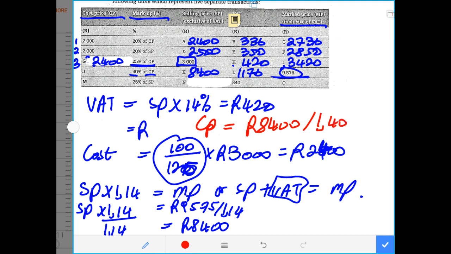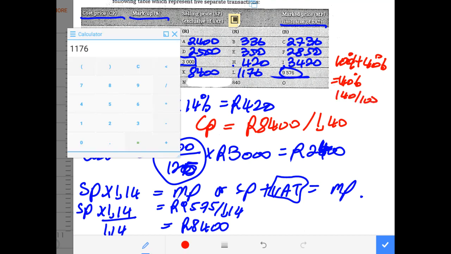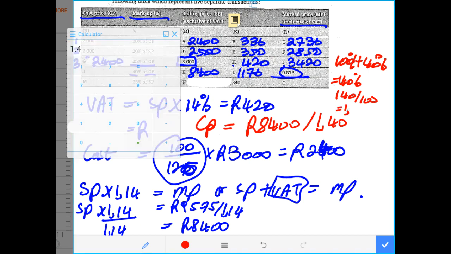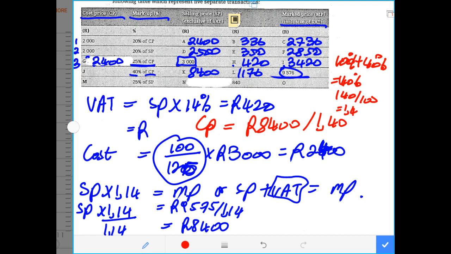Where is 1.40 coming from? It's because we said 100% plus 40% gave us 140%, and 140 divided by 100 gives 1.4.